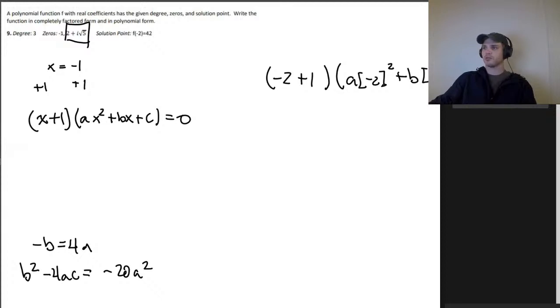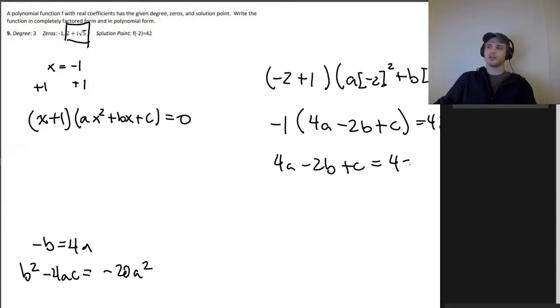This should be equal to 42. That's from the point they gave us. So this is -1 times 4a minus 2b plus c equals 42. Just divide both sides by -1 and we get -a minus 2b plus c equals 40. Okay, so here's another equation.